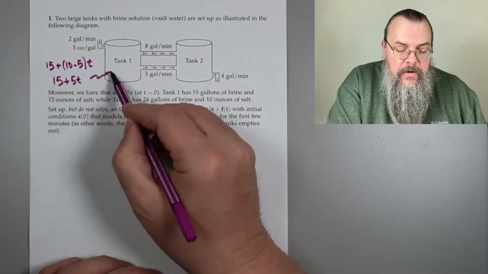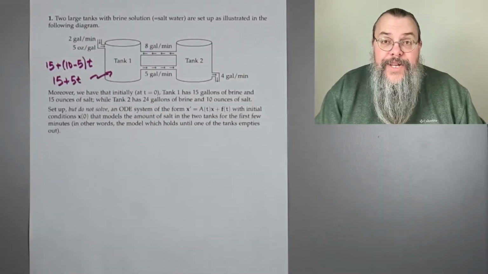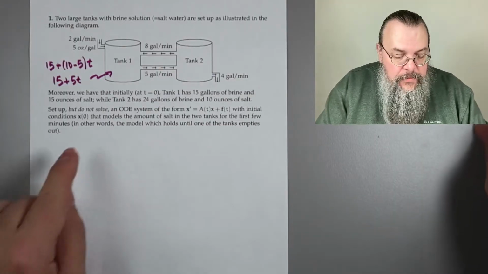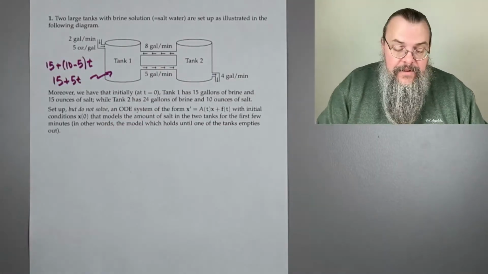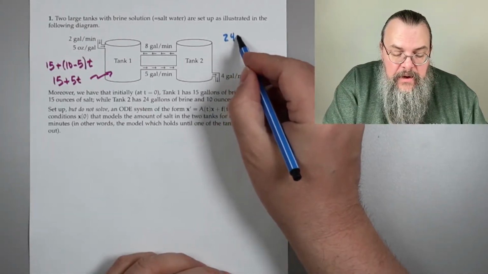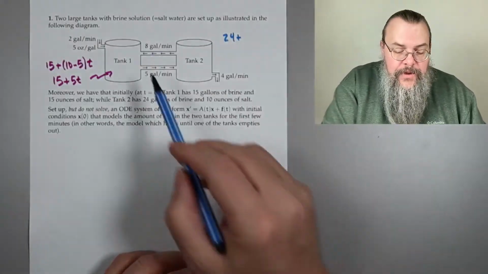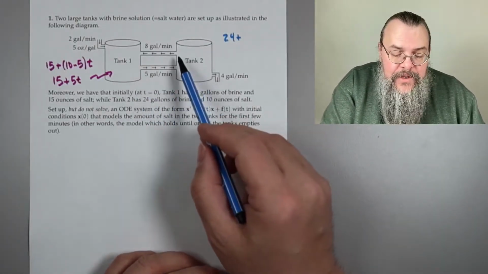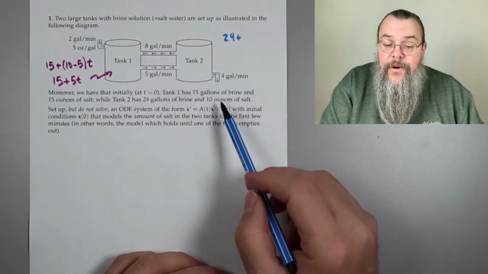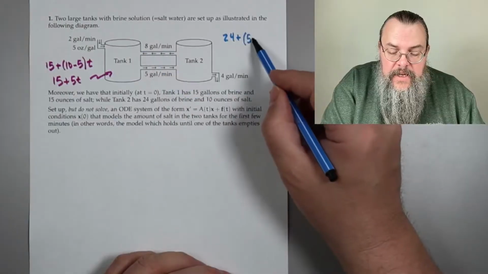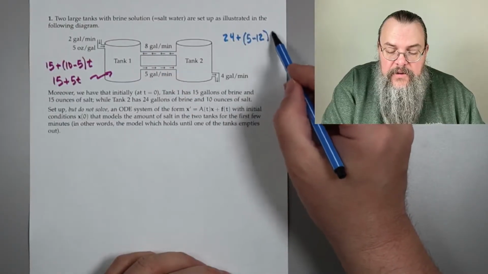Okay. Now, what about tank 2? Well, initially it has 24 gallons. Now, let's look at the inflow. Well, we have 5. What about the outflow? 8 and 4. So we have 5 coming in and then a net 12 going out.